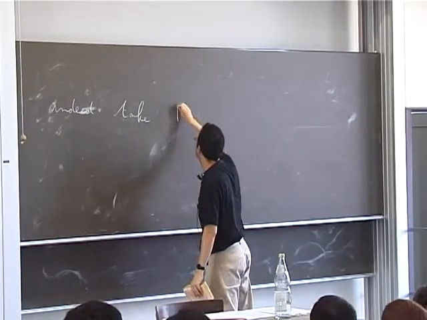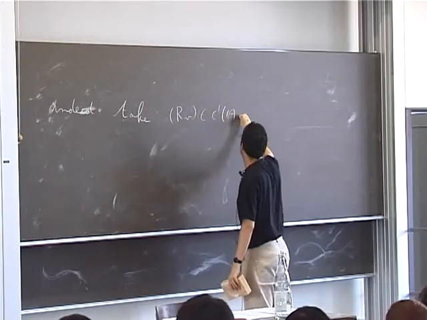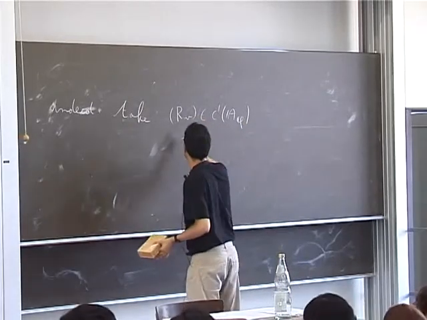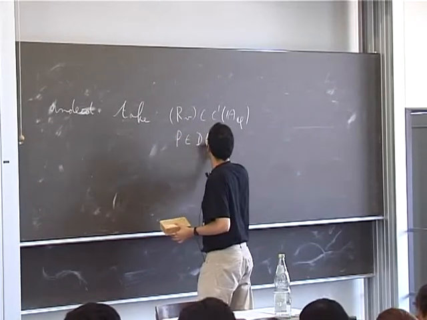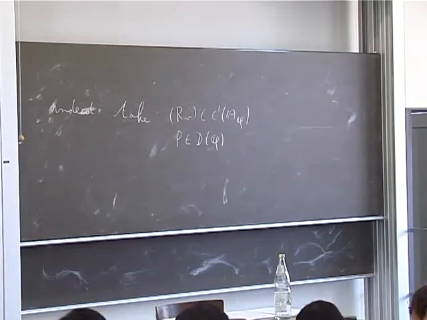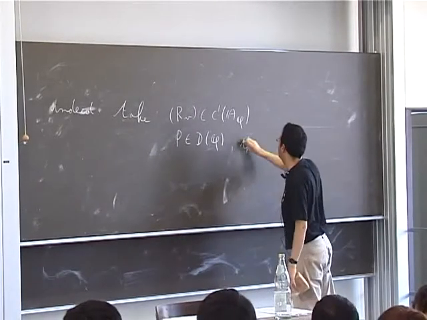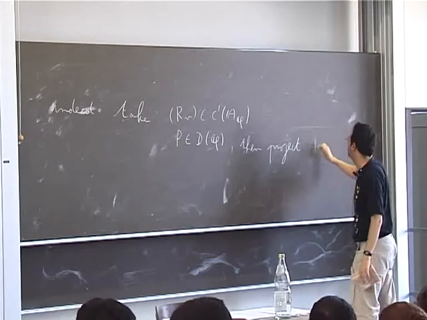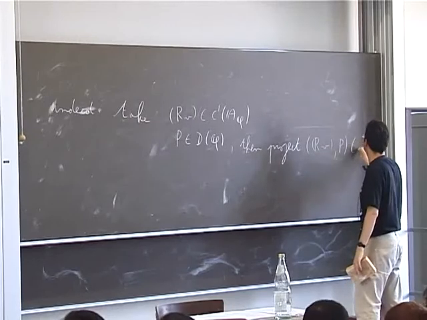Let's say (R_v) in C prime(A_Q). You take now a global point, a rational point, let's say P, in D(Q), because the assumption is that D has a rational point, and then you project just (R_v), P to X.